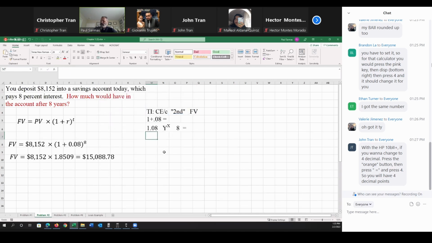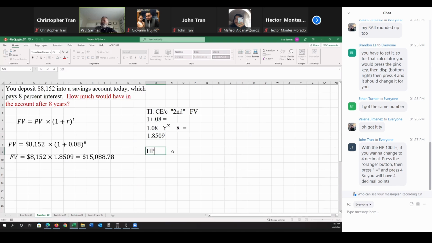And if you do that, the calculator will give you 1.8509. The young lady who said she gets only 2 decimal points: you should get, instead of 1.85, 1.8509. The display should show you that.